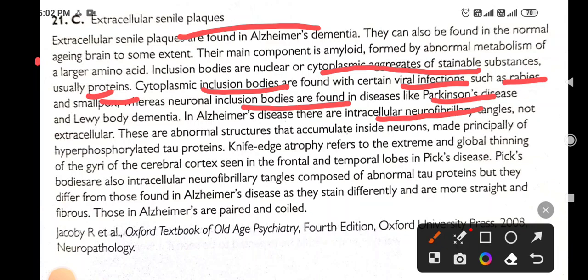Cytoplasmic inclusion bodies in viral infection, neuronal inclusion bodies in Parkinson, intracellular neurofibrillary tangles and extracellular senile plaques in Alzheimer's. Whereas knife edge atrophy, global thinning of the cerebral cortex, frontal lobes, is in Pick's disease. So I hope guys till here it's very much clear.